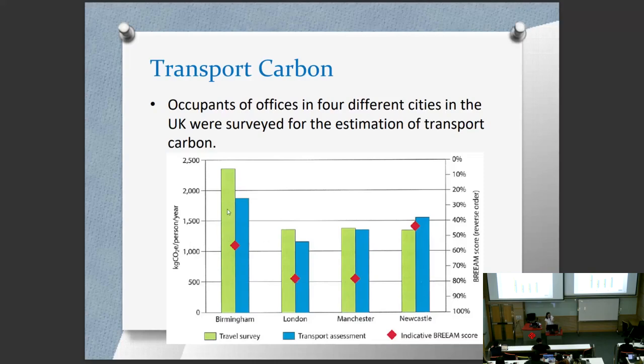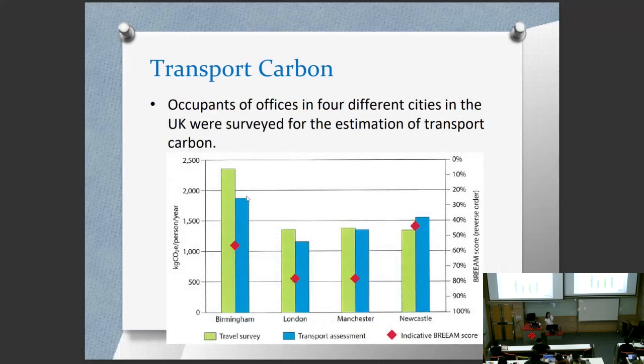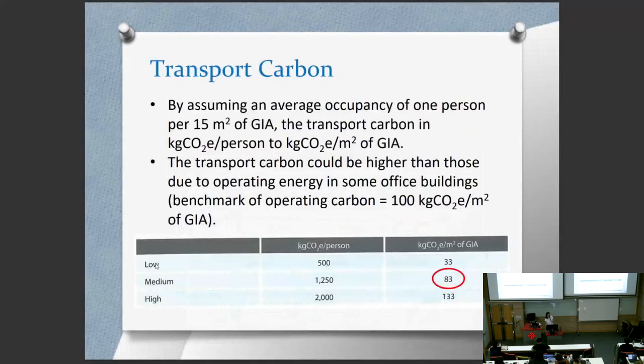And then for high, maybe around 2,000. So low transport carbon, 500. Medium, 1,250. High transport carbon, 2,000.